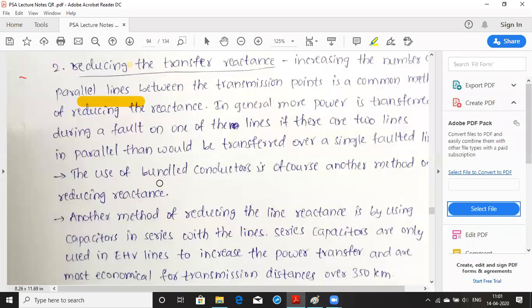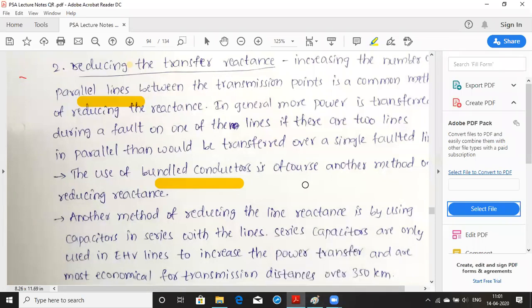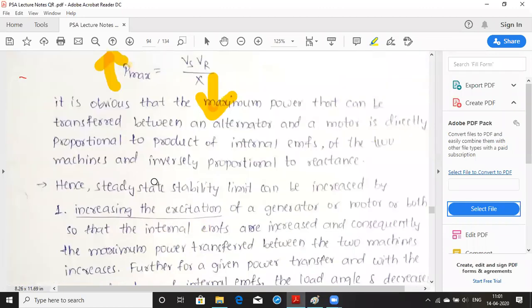If you are using bundled conductors, we can also reduce the reactance, because bundled conductors will increase the value of capacitance and decrease the value of inductance, which you already know. So by using bundled conductors, if the value of inductance is decreasing, automatically the reactance will also decrease. Therefore we achieve the reduced reactance, and the power transfer will increase.